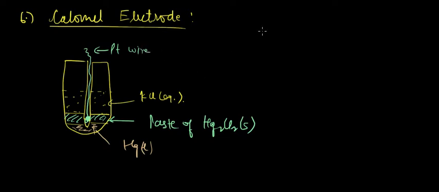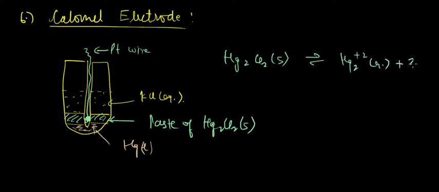So we can write that the following reaction would occur between the different layers: Hg2Cl2 in the paste form ionizes into Hg2 2+ aqueous and 2Cl- aqueous.